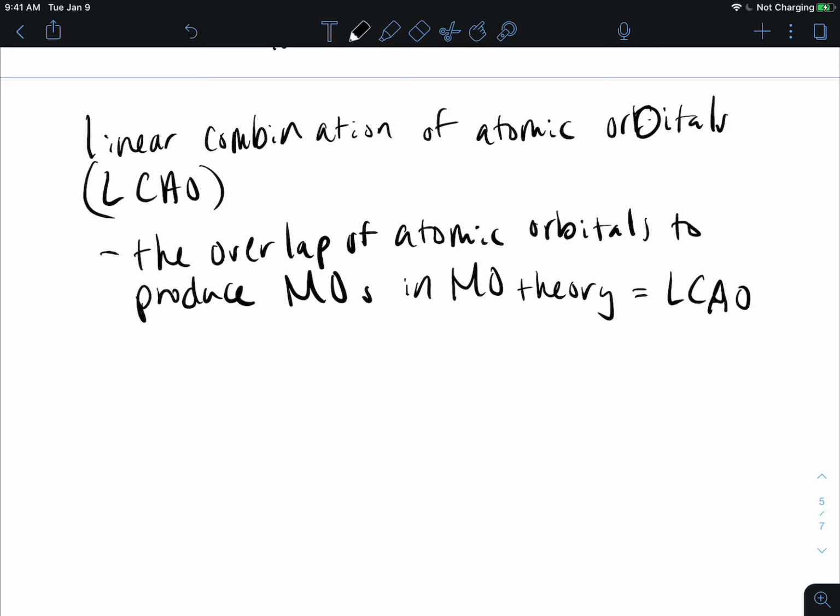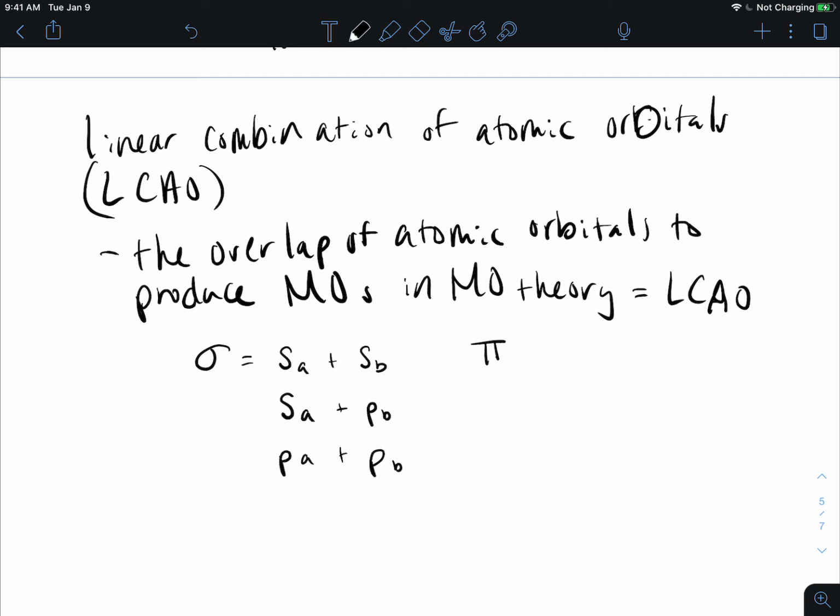To produce a sigma orbital, we overlap an s orbital from atom A with an s orbital from atom B, or an s orbital from atom A and a p orbital from atom B, or a p orbital from atom A with a p orbital from atom B. The p orbitals have to overlap directly.